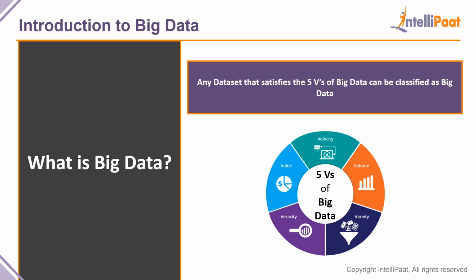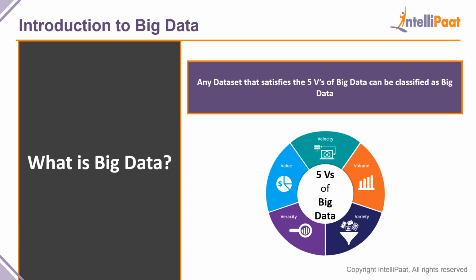Then you have value. Whatever data that you are extracting or getting should not be random gibberish. It cannot be of no sense at all. Say, for instance, you're analyzing academic data, and in that case, the roll number of a particular student may not matter as much as their grades, their academic performance.